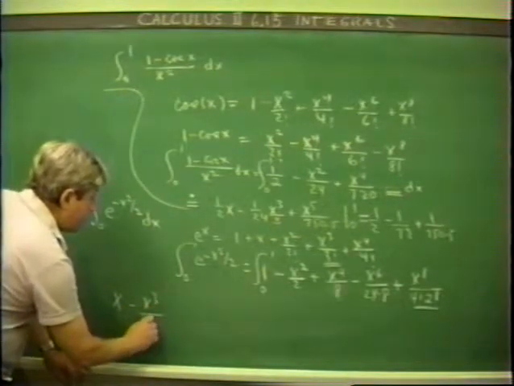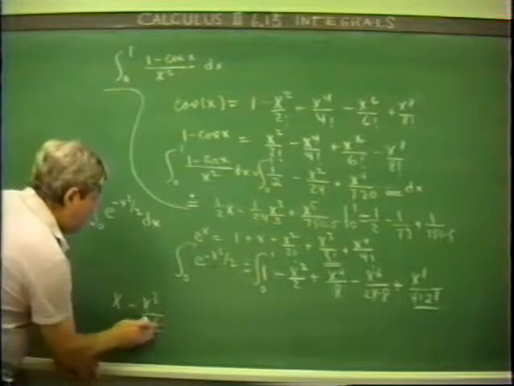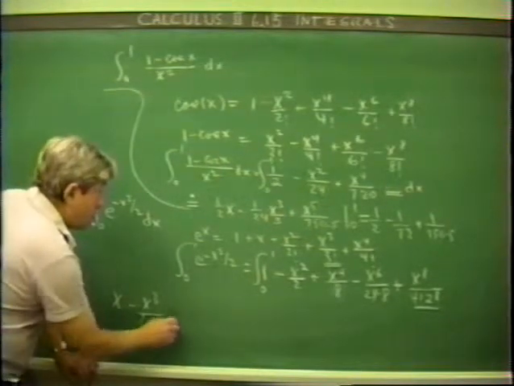And so now, the integral from 0 to 1 of this should be the integral from 0 to 1 of this. Well, what do we get here?